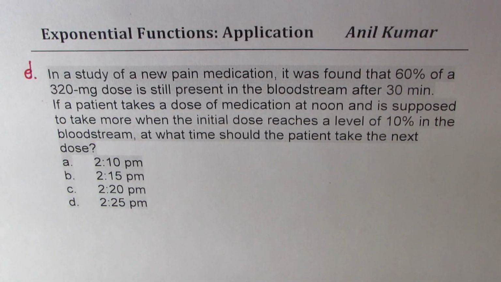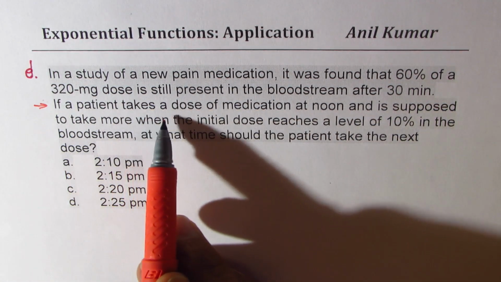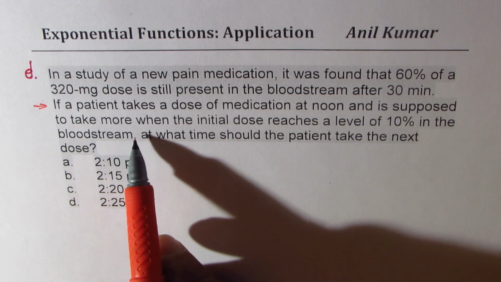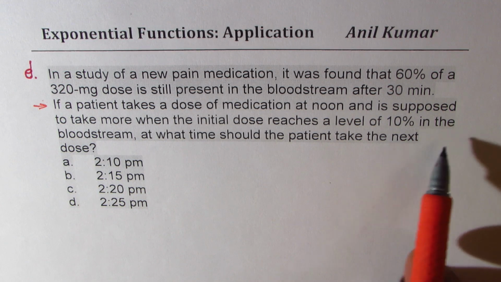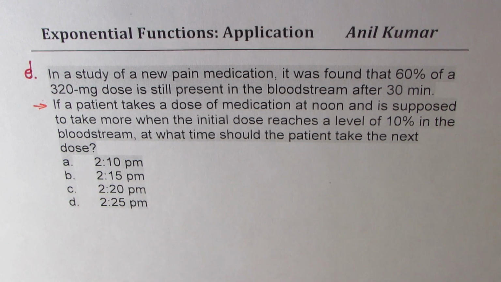And the last part here is, if the patient takes a dose of medication at noon and is supposed to take more when the initial dose reaches a level of 10% in the bloodstream, at what time should the patient take the next dose? So these are four parts for this question. You can always pause, answer these questions, and then look into my suggestions.